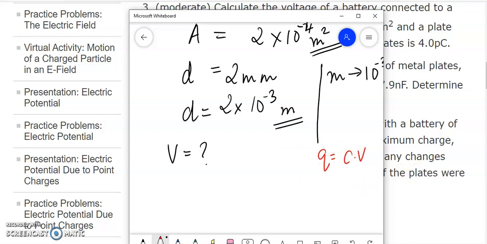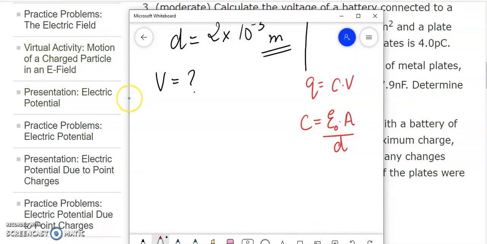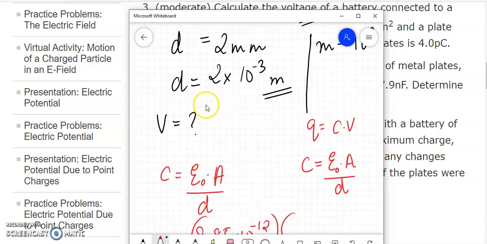So the next thing that you would do is to find C, and the other formula to find C is epsilon times area divided by distance. So using this formula, you can calculate and find out C. So once you find out C, you can apply it into this formula and get the value for voltage. So C is equal to epsilon times area divided by distance. So epsilon is 8.85 into 10 raised to minus 12. And the area is, so if you scroll up, you can see area is 2 into 10 raised to minus 4.